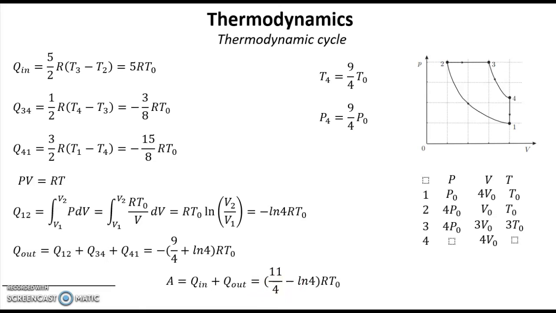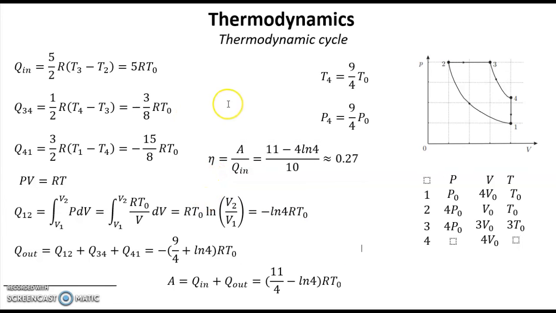And the last question is question 4. We have to find the efficiency for this process and compare it to the Carnot cycle, the most efficient process for T minimum and T maximum. So for this process we have this formula: efficiency equals work over Q in, which is about 0.27 or 27%.